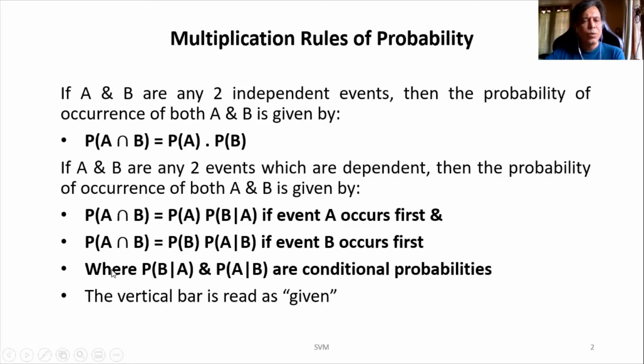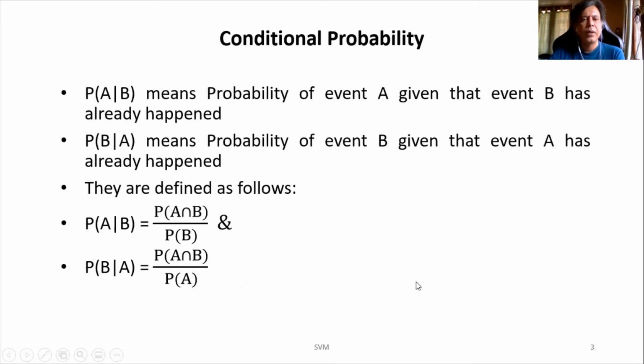We call these two probabilities, probability of B given A and probability of A given B, conditional probabilities. Whatever is written after this vertical bar is read as 'given'.